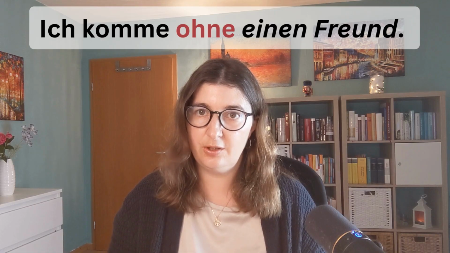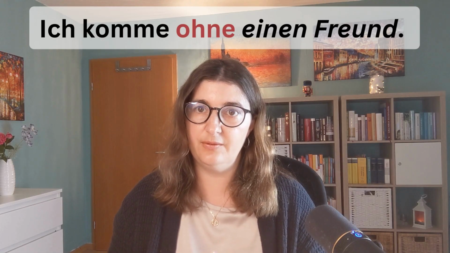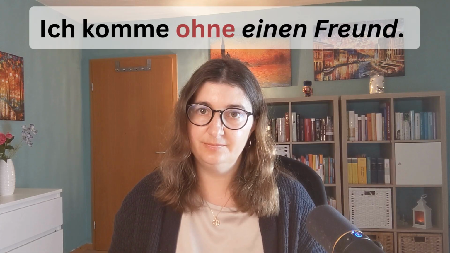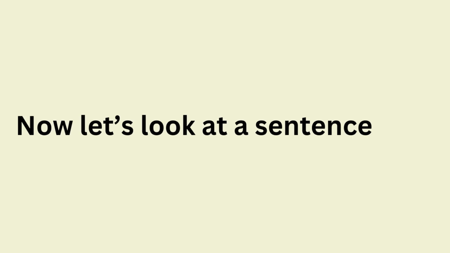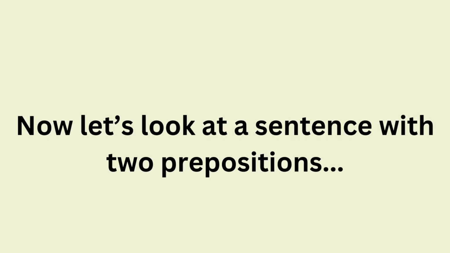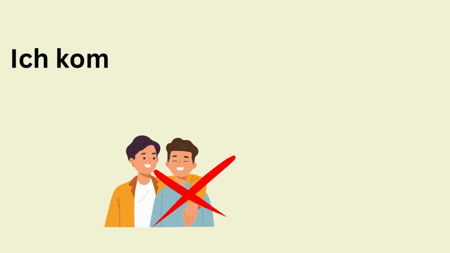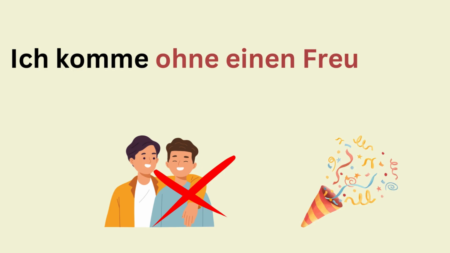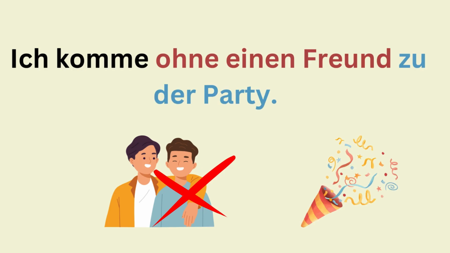But if we use an article, you clearly see the accusative here. Ich komme ohne einen Freund. Ich komme ohne einen Freund zu der Party.